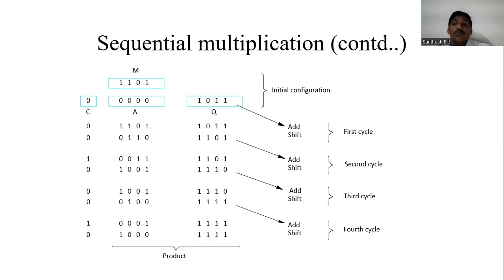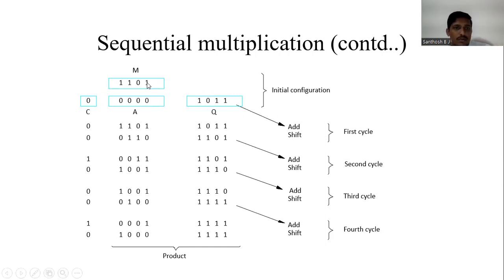So what are the data we can add? One is the register, whatever data is stored in the register, and the other is the multiplicand data. So add both the multiplicand and the register.